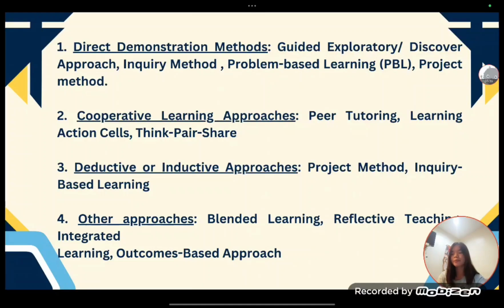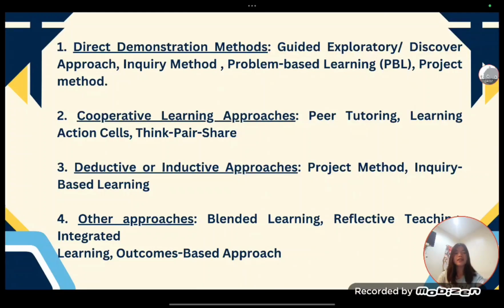When we say inquiry method, these are the methods where students actively explore and discover new concepts through guided activities rather than direct instruction. From the word guided, it means the students are guided by the teacher.